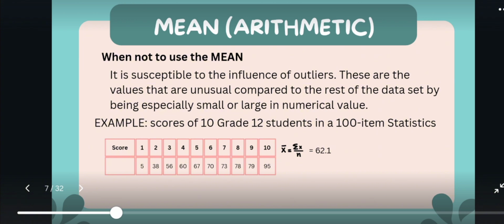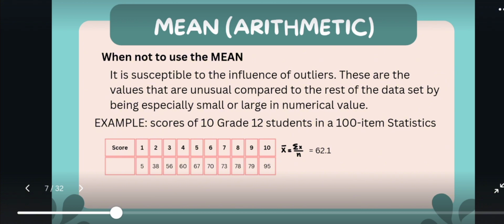Si student 2 naman, nakakuha siya ng 38. And the rest of the students is 60, 67, up to 95. When we use the mean, we add all the scores. We got the average score of 62.1.